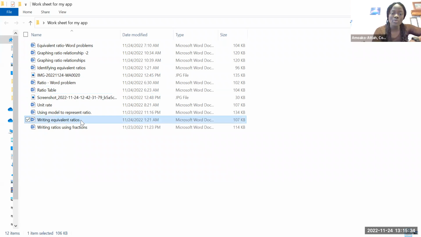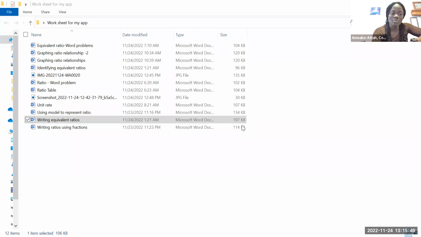I also have worksheets on equivalent ratios. If you're able to do these basic ones, you will be able to tackle almost every question under ratios, okay?